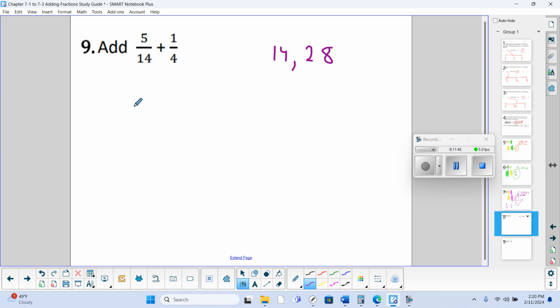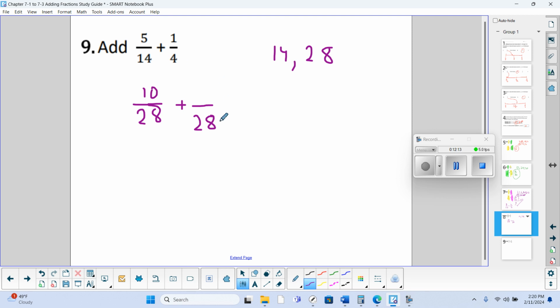So 5/14 would be something over 28. Plus 1/4 would be something over 28. So now we have to find what that numerator would be. All right. So to go from 14 to 28, you multiply by 2. So I'm going to take the numerator, multiply that by 2, and I get 10/28.